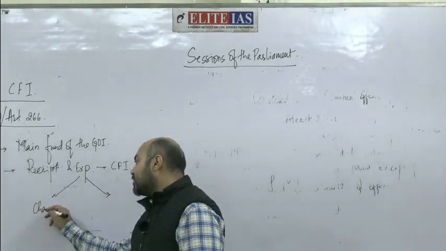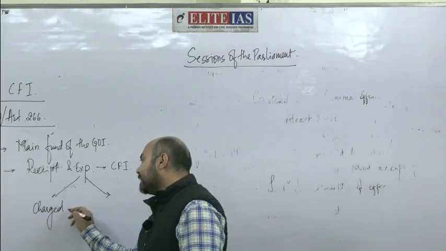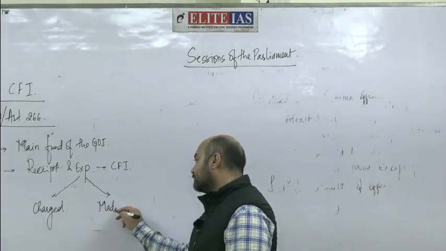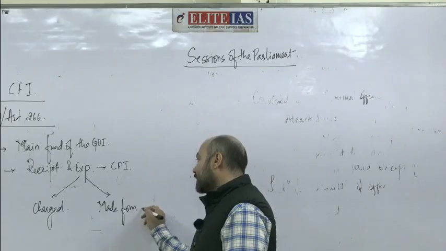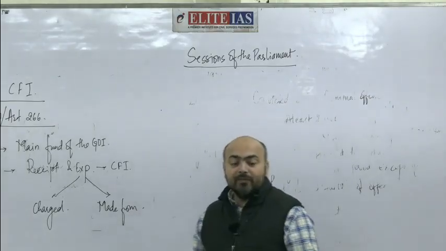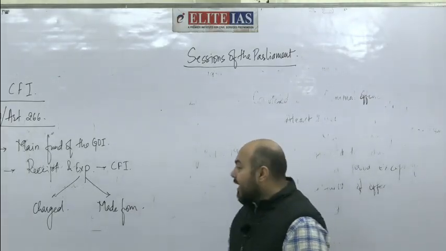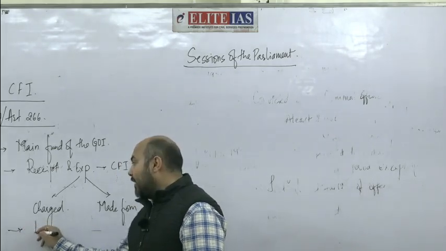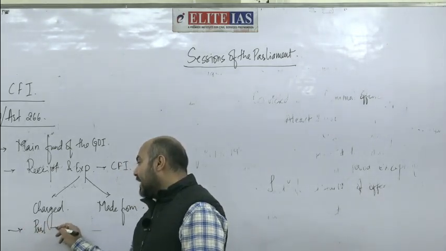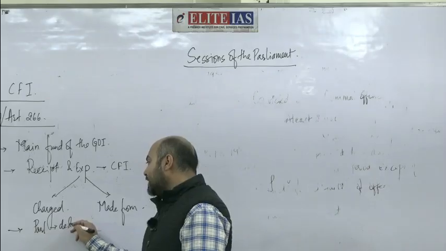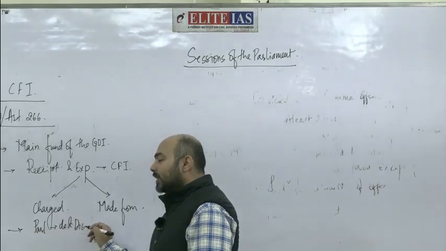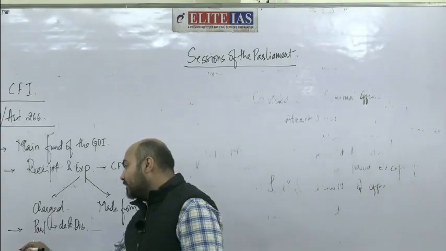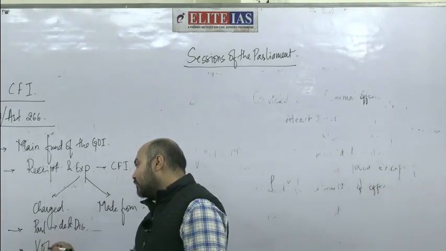Expenditures that are charged on the consolidated fund and expenditures that are made from the consolidated fund. Charged expenditure means the Parliament can debate and discuss such an expenditure but cannot vote on it.